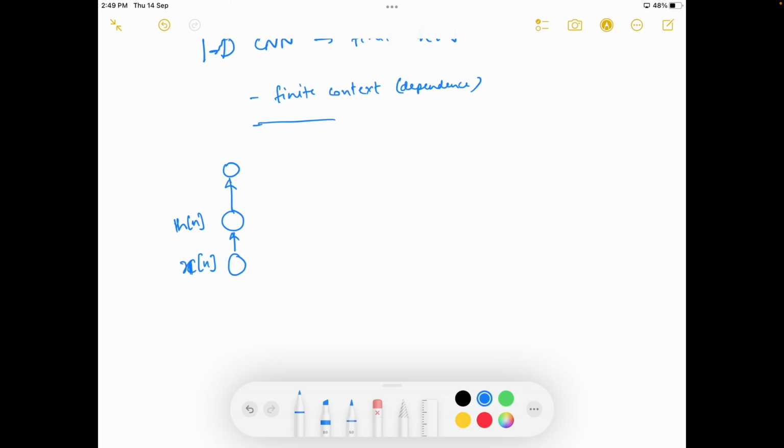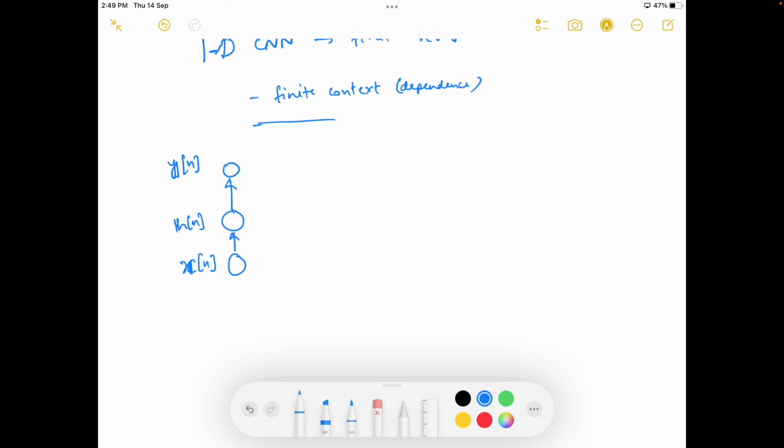And h of n is also a vector. It's not a vector in time, it's the vector of features. We can say spectrum or something. So this is a simple dense network, right? Or you can call it a 1D CNN if my n is changing. Yeah, you can call it 1D CNN, but its kernel length is only 1 then.